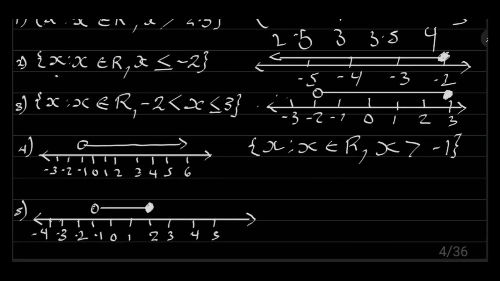Moving on to question 5, we are supposed to state the truth set for the number line. So we see that it starts from -1 and ends at 2. So we are going to state that x is such that x is a subset of real numbers, R for real numbers, where x is supposed to be greater than -1.